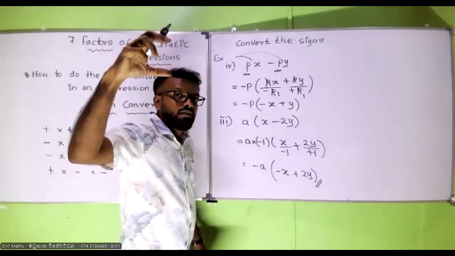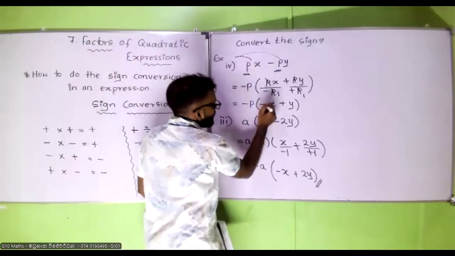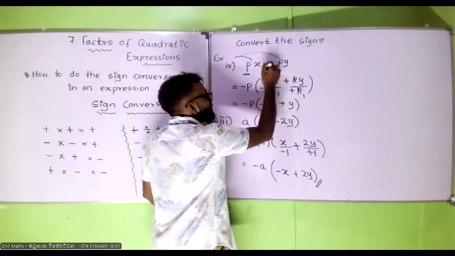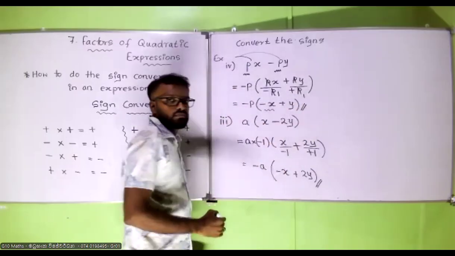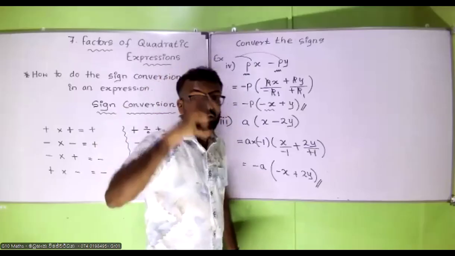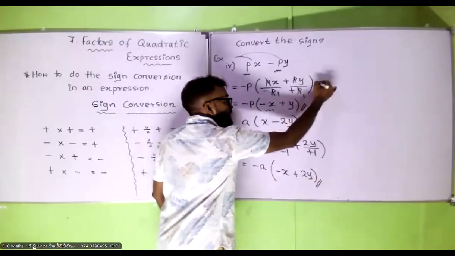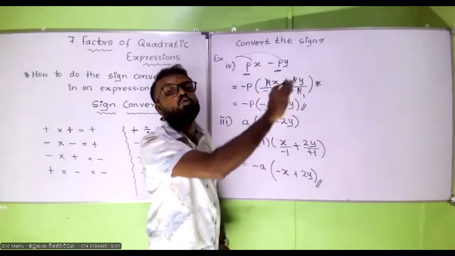And what has happened to the remaining terms? This positive x converted into negative, this negative y converted into positive. So that's it. If you practice this up to the master level, this step is not needed. You can completely remove that.